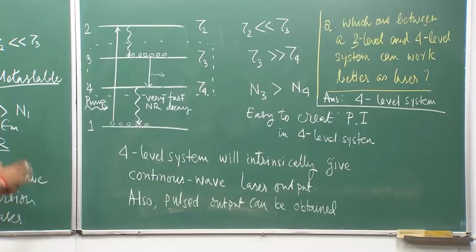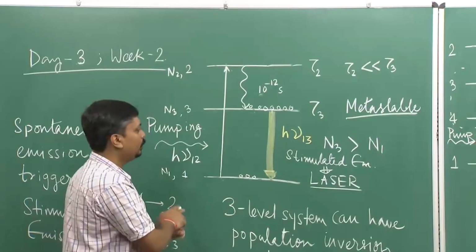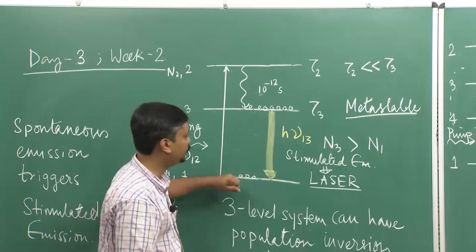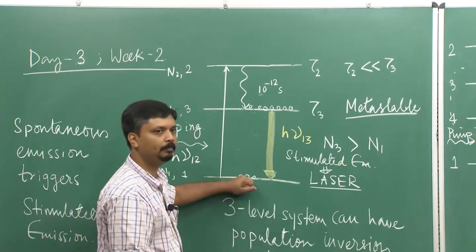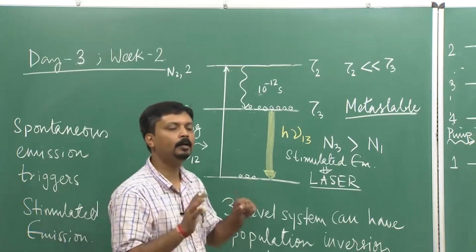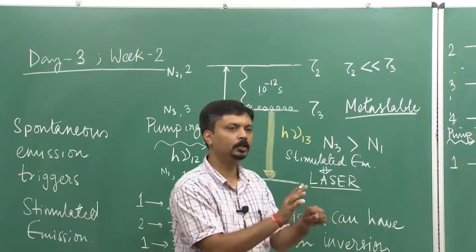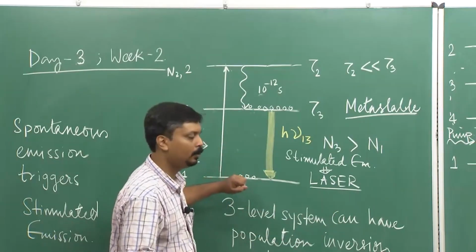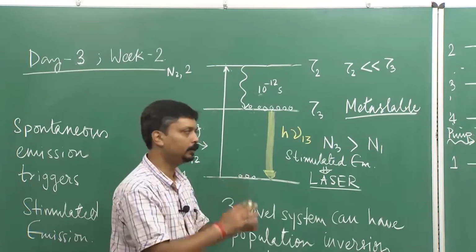The answer is actually hidden here. When I have to create a population inversion in a three-level system, I need to pump it really hard. That means I have to pump in a lot of energy, right? So if I have more number of photons going as a pump, that means I am putting more energy.